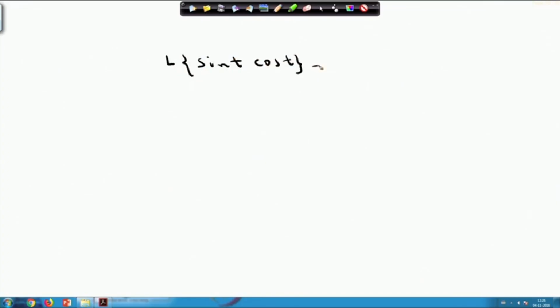Obviously, in terms of trigonometric functions, I can write the Laplace transform of half into sin 2t, which is again half into the Laplace transform of sin 2t.